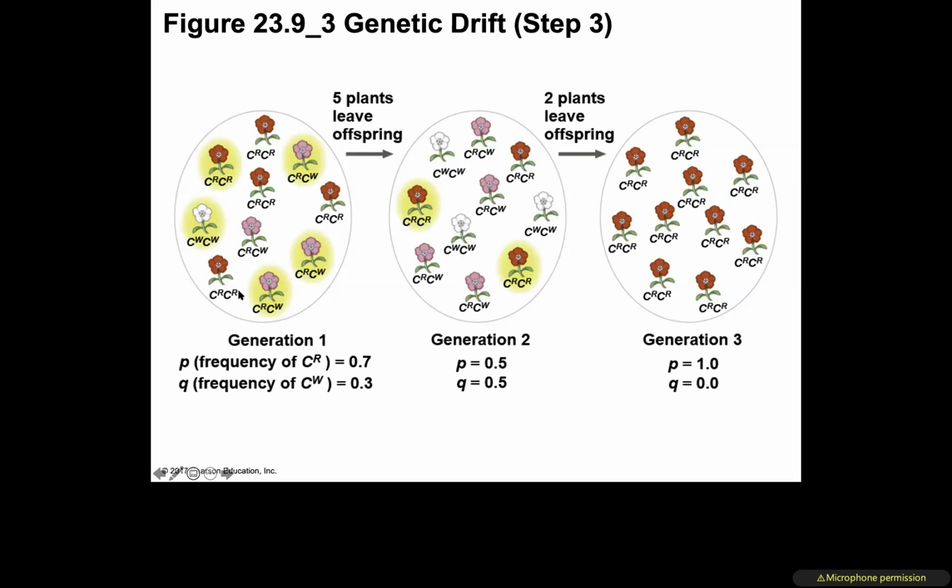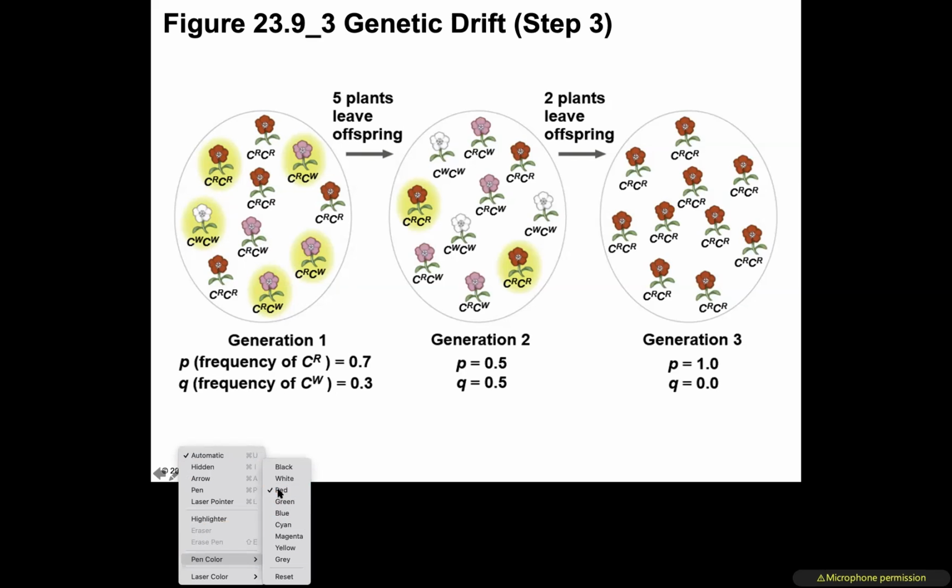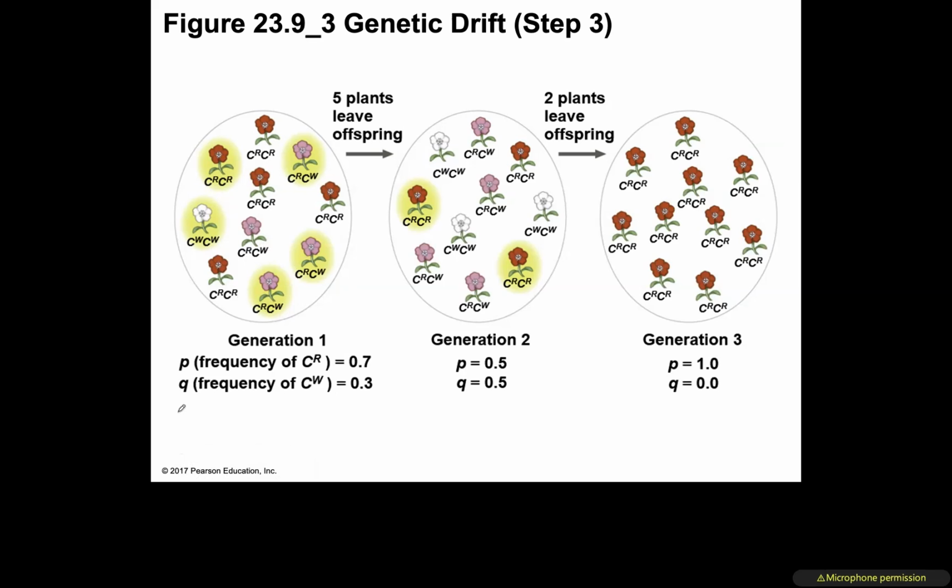Perfect. Write that 14 down. There are 14 out of, we don't know yet, but we're going to say there are 14 out of blankety blank CR alleles.